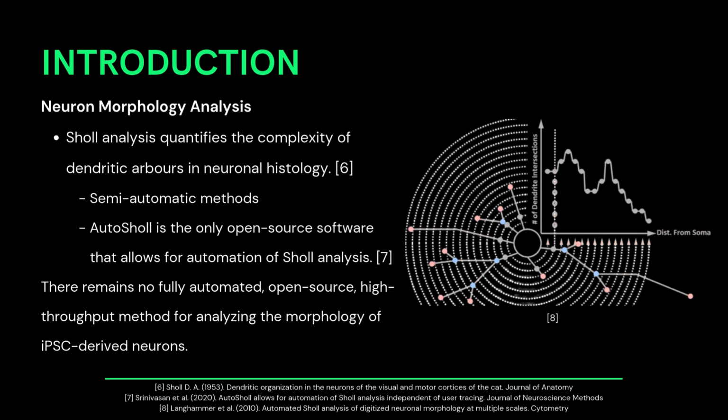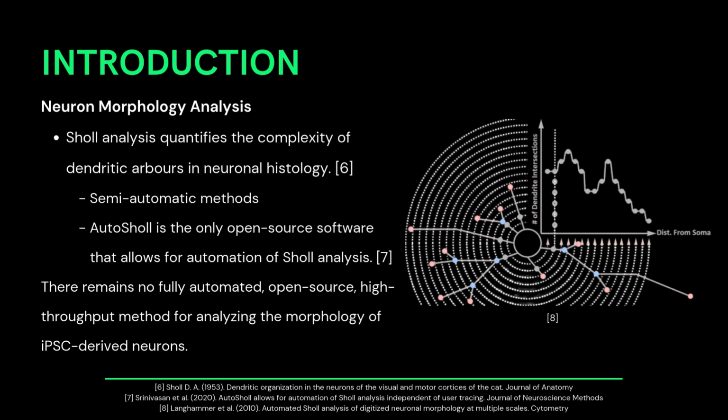In order to better analyze the changes that neurons suffer upon a specific kind of treatment, neuromorphology analysis techniques such as Scholl analysis allow you to do that. This is done primarily through the measure of neuritic intersections as the radius from the soma increases.